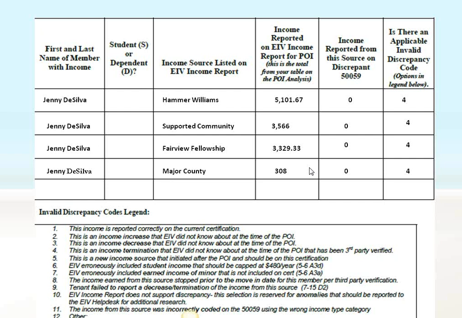So you guys have a few weeks to practice with this, any kind of discrepancy that you have. If you don't have any discrepancies at your property, ask Les if you can borrow one. Jessica might have some because she's got family property or a project-based Section 8. She might have more working households.